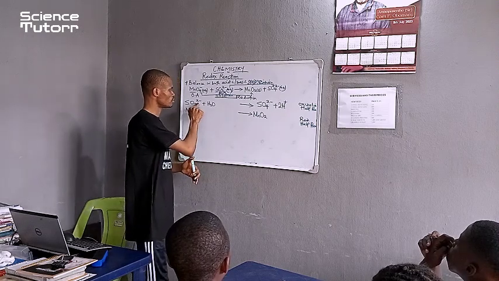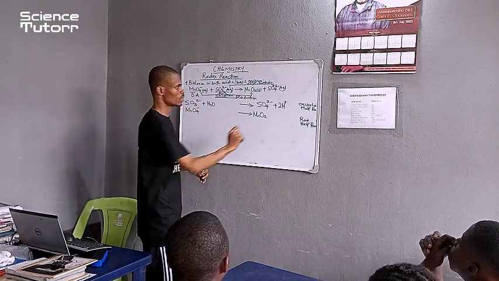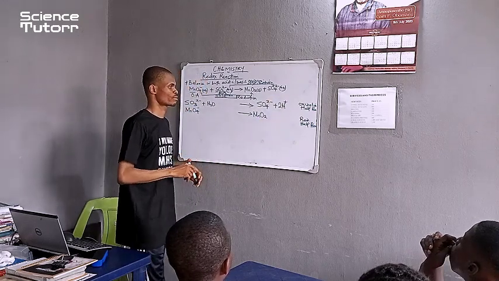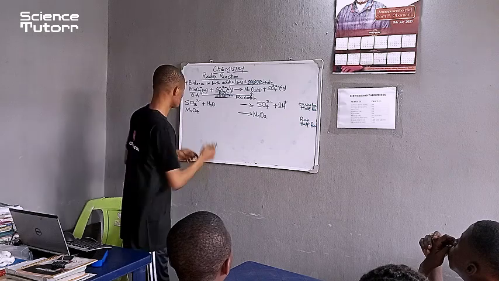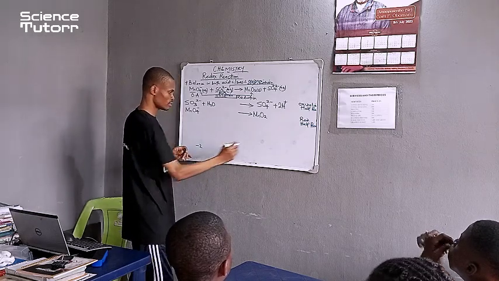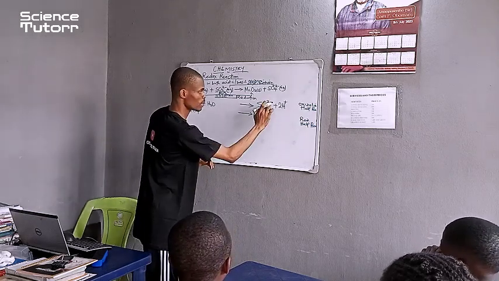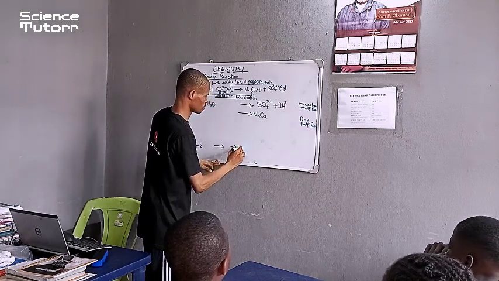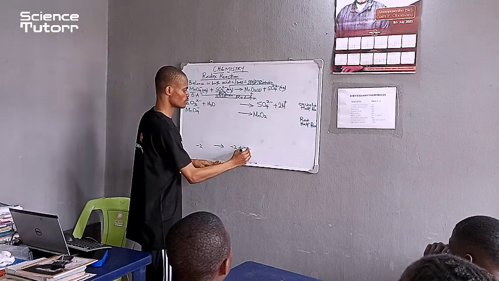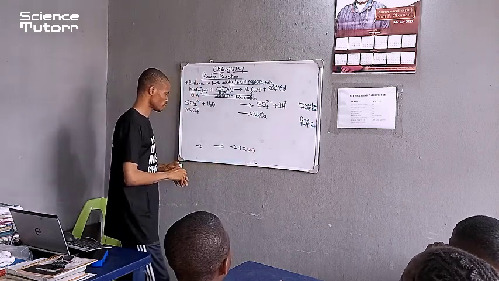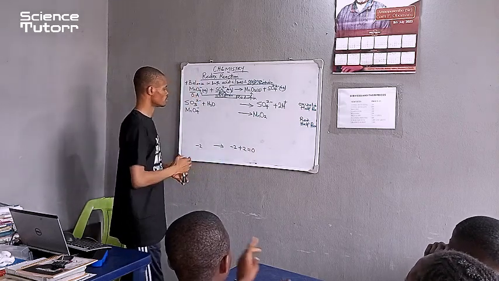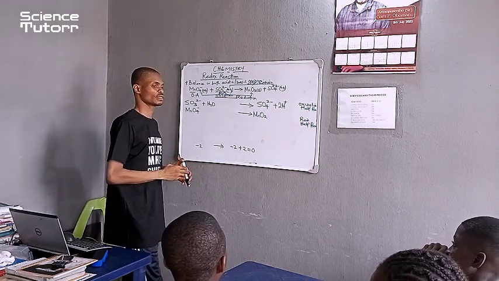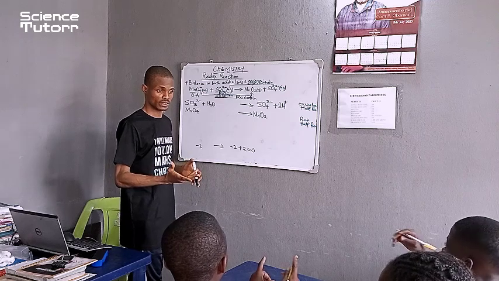How many charge? Minus 2. How many charge here? We have minus 2 charge here. This is minus 2. Plus 2. That makes what? 0. Is it balanced? No. Minus 2, 0 is not balanced. So what do we do? To which side?